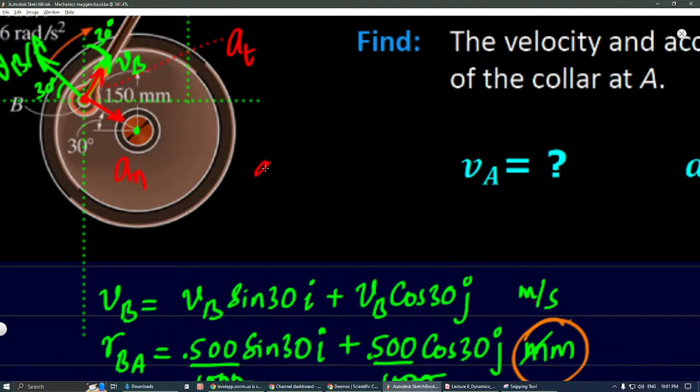So normal acceleration, x component will be cos 30. With horizontal it is 30. So an cos 30.